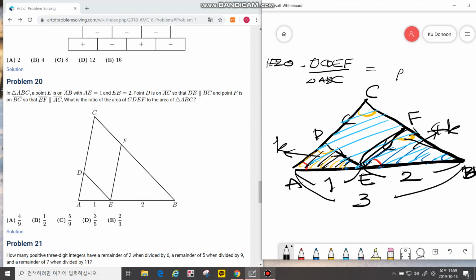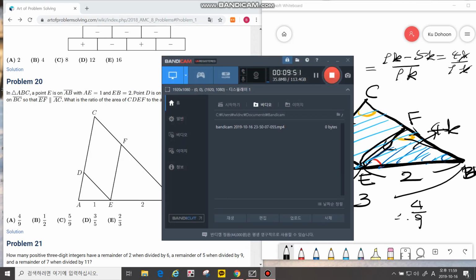Now we want to figure out CDEF. You get it by subtracting these two small triangles from the big triangle, right? So the sum of the two small triangles is 5K. Therefore, this is 4K over 9K. So we got the ratio as 4 over 9. Therefore, the answer is A. I'll stop the video and I'll keep solving more geometry problems.